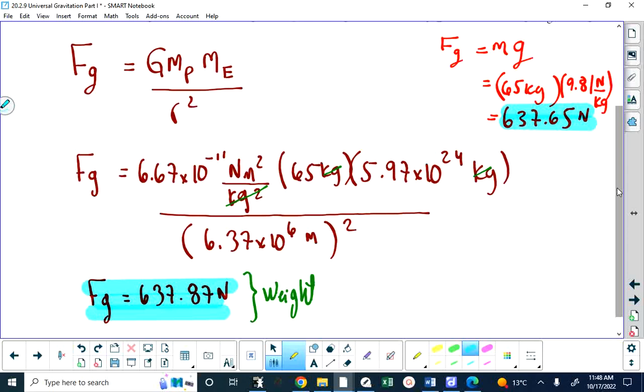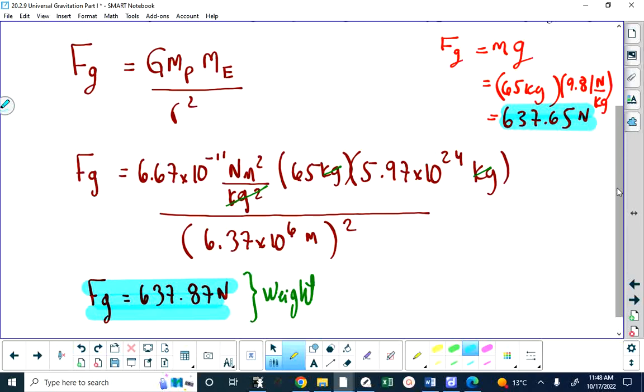And there are a couple of reasons. Alex, do you know what one of the reasons is? So there's an issue of rounding. You're absolutely right.